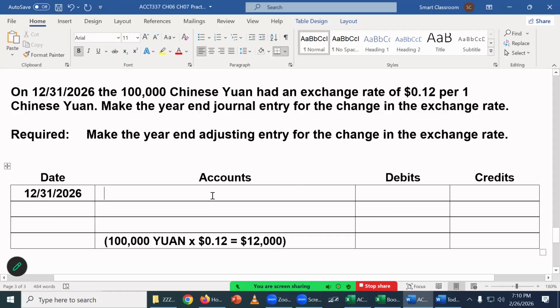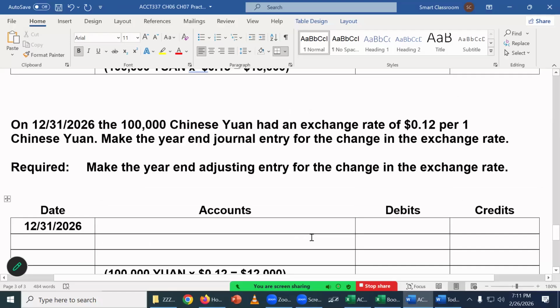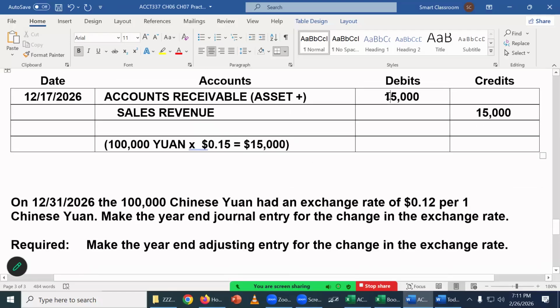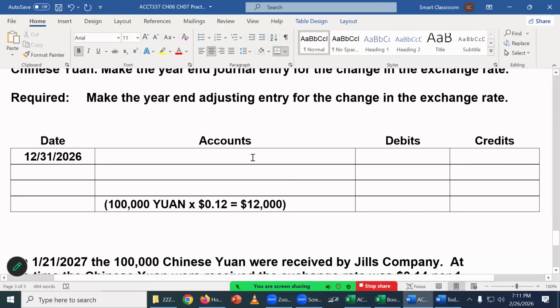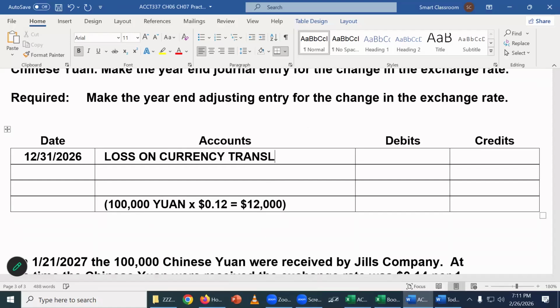Okay, so let's see what's going to happen here. Is this going to be a gain or a loss? Loss. Yeah, it used to be 15,000. Now it's down to 12,000, so we're going to have a loss here. I forget what I did in the handout on this one.